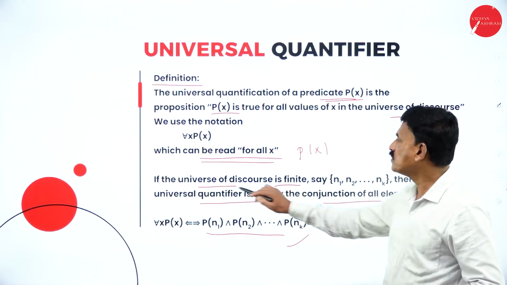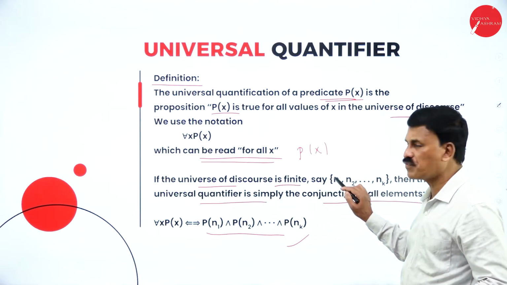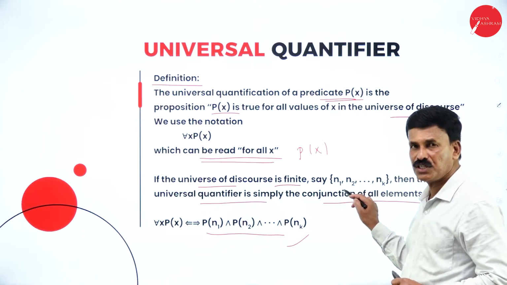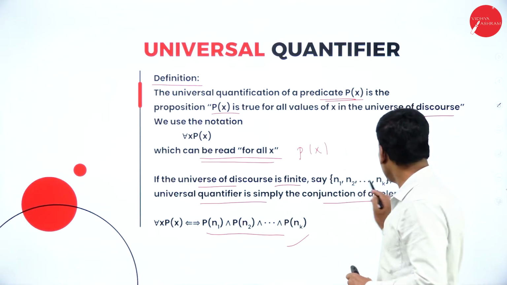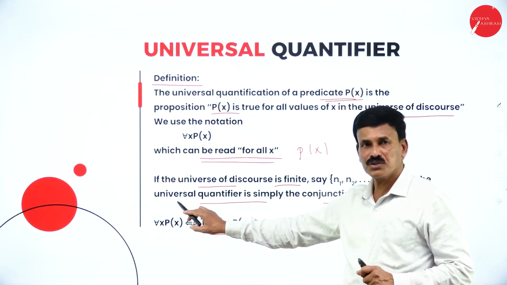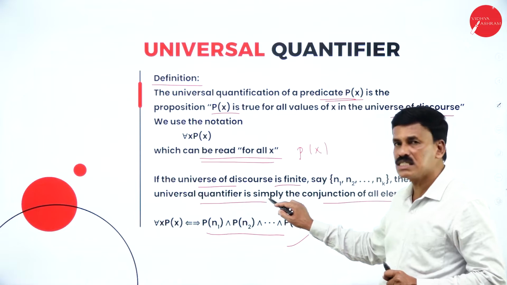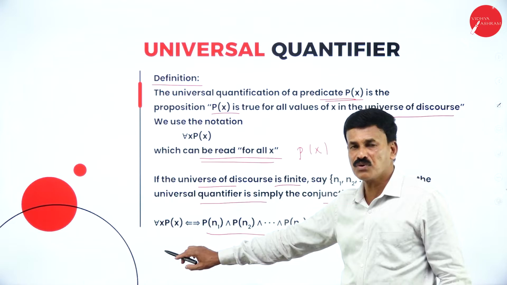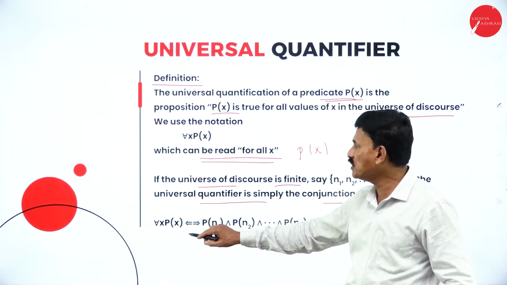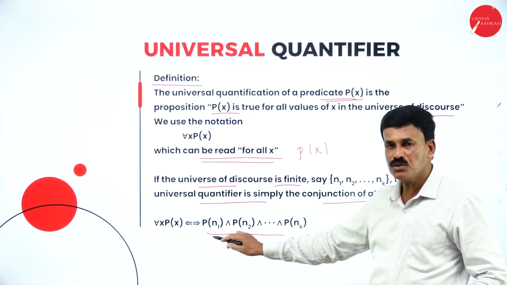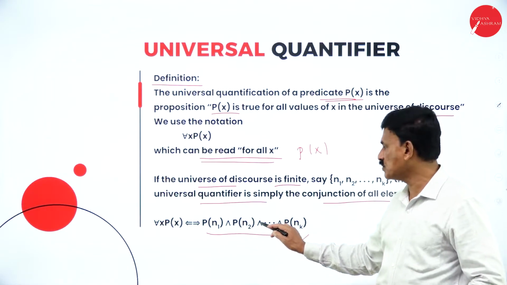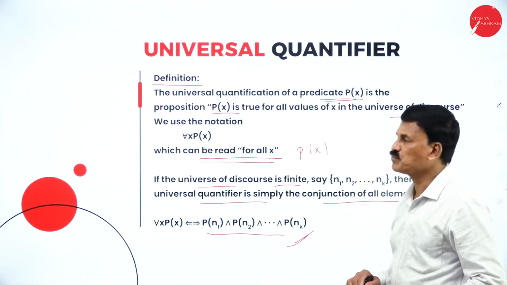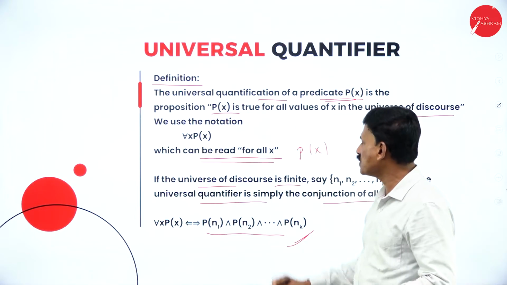So, if there are a finite number of elements n1, n2, etc., nk, then the universal quantifier, denoted as for all x P of x, is equal to P of n1 conjunction P of n2 conjunction P of n3, etc., conjunction P of nk. This is how we are going to represent the universal quantifier.